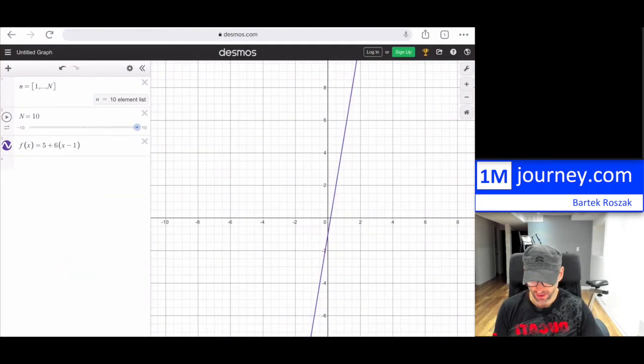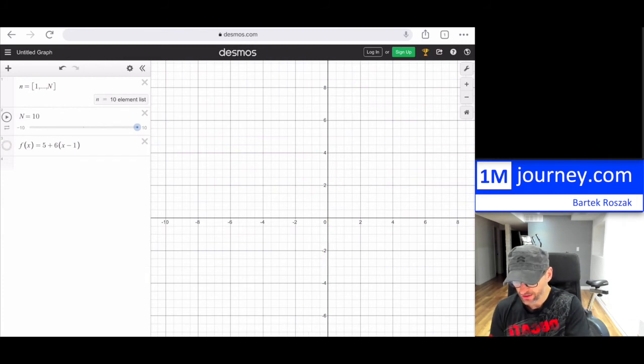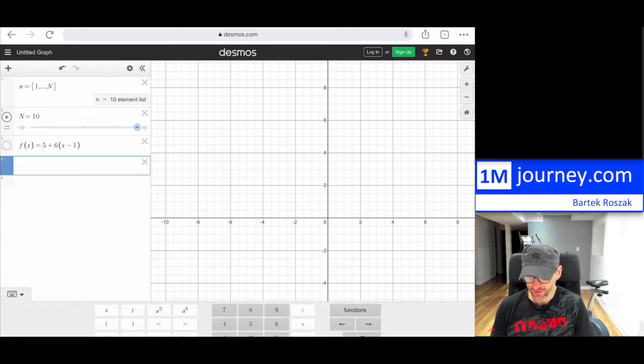Now, I don't want this plotted as a line. What I do want is to plot it only at the points 1, 2, 3, 4, in this case up to 10. So the way to do that is to create a table of values. So for every n, I'm going to do this.